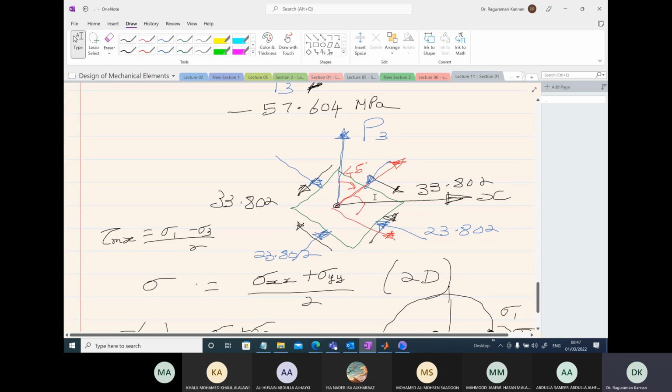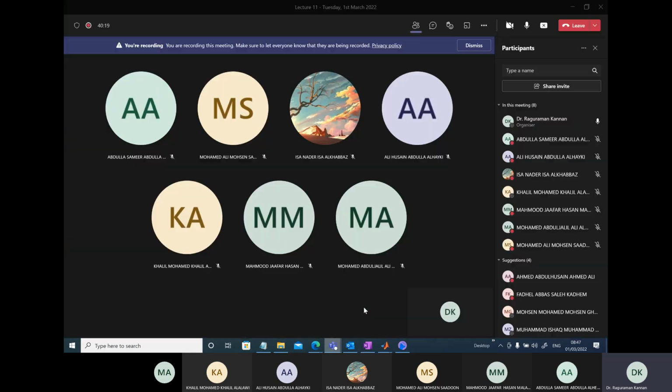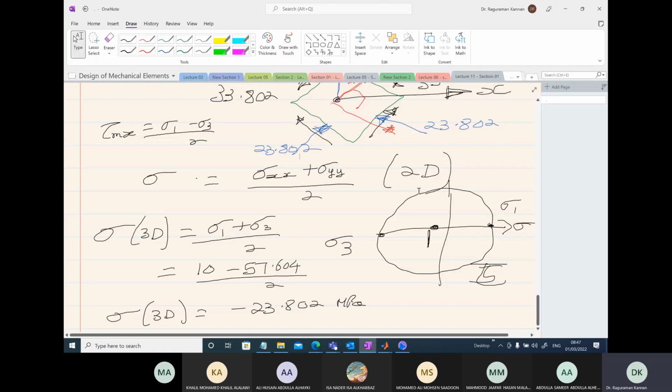Any doubt here on how to draw the stress elements? Do you guys have any doubt? No, dear doctor. Okay, so when you solve the problem, you can come back to me.